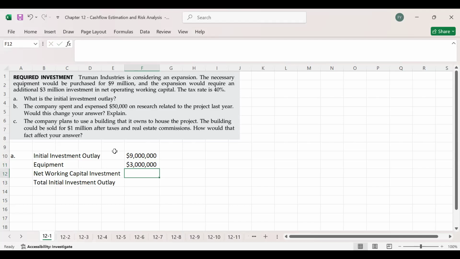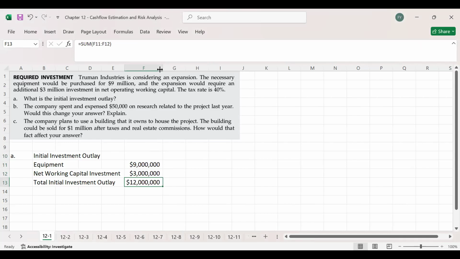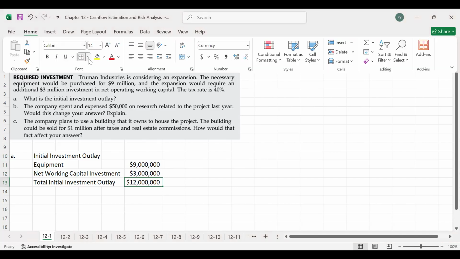So the total initial outlay of the investment is $12 million. So this is our first requirement.